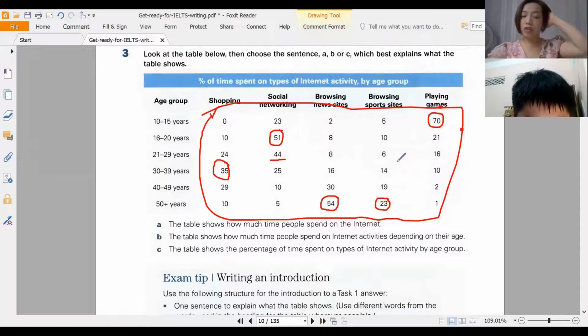Maybe this age group doesn't take the highest time compared with the 16 to 20 years age group. However, social networking is also the most attractive activity. Similarly, as I recommended, you can circle the information, then group information and compare.